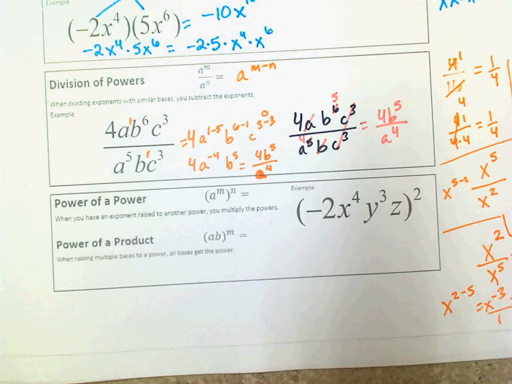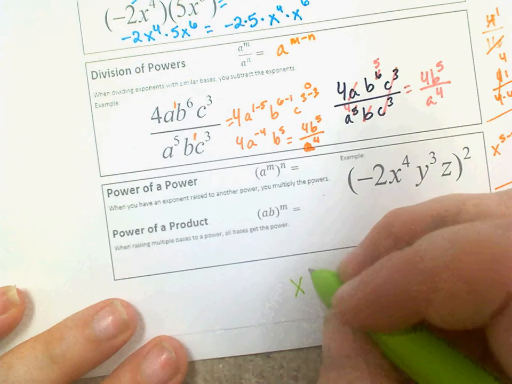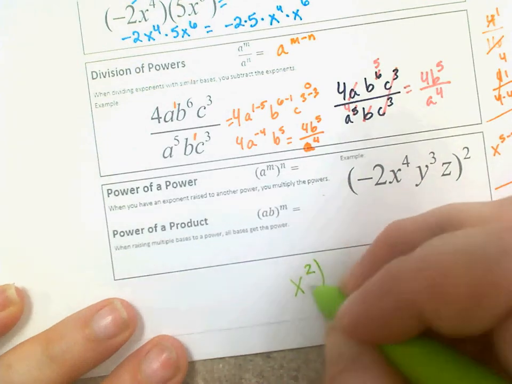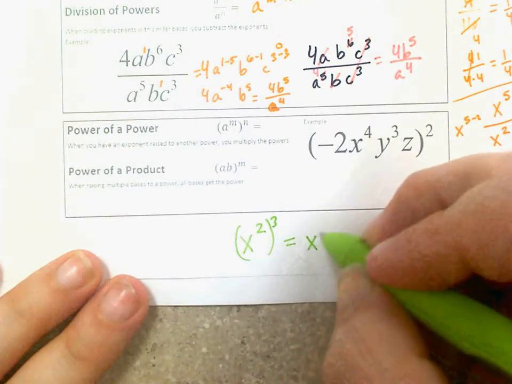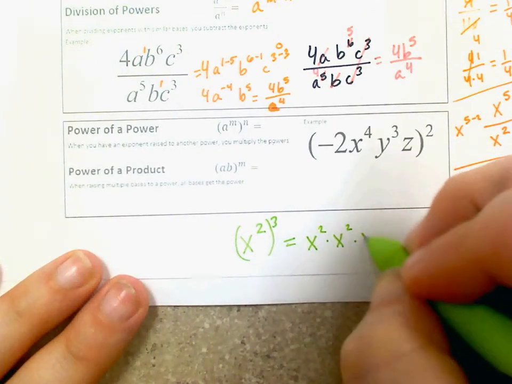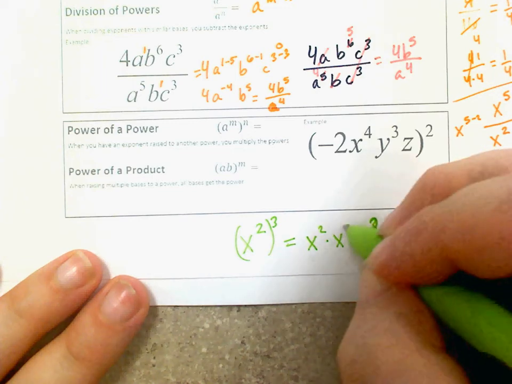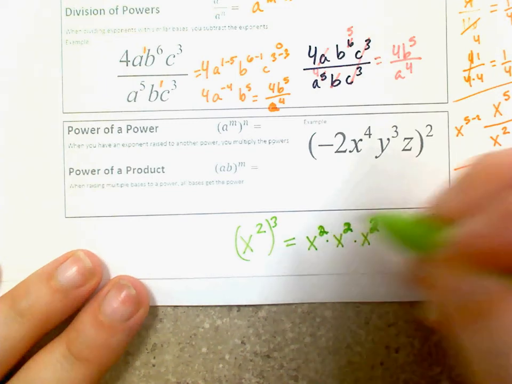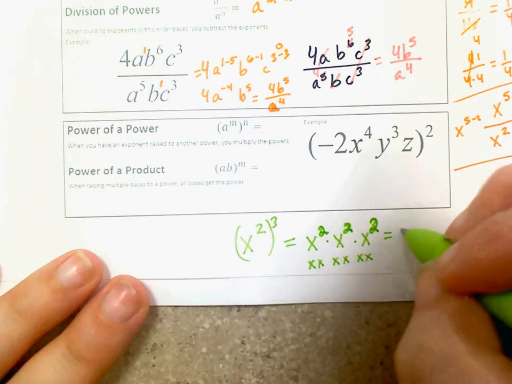Now, if you've got the power of a power, so if I ask you to find something like x to the 2 cubed, x squared cubed, that means x squared times itself 3 times, yeah? So that actually adds up to being 1, 2, 3, 4, 5, 6 x's, so it's just x to the 6.